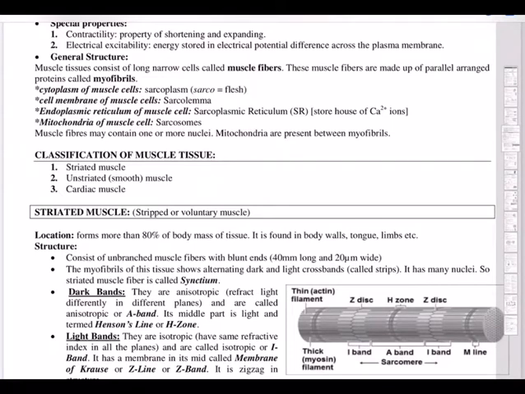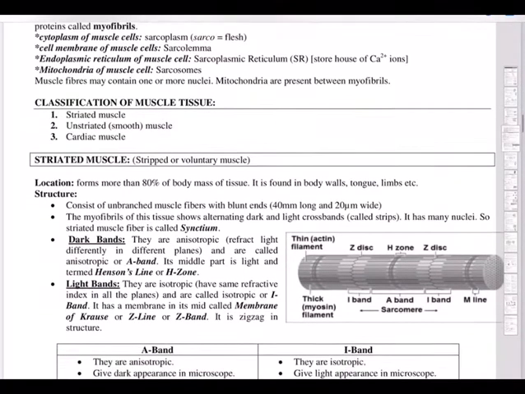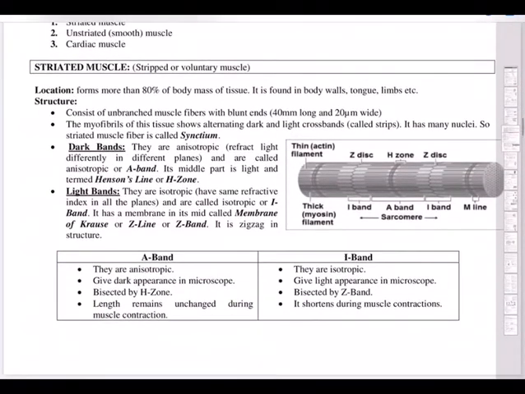Striated muscles or skeletal muscles, sometimes called rough muscles, are voluntary muscles. Whenever we want, we can make them contract and relax. Location, where do you see them? Forms more than 80% of the body mass. It is found in body walls, tongue, hands, legs, that's limbs.